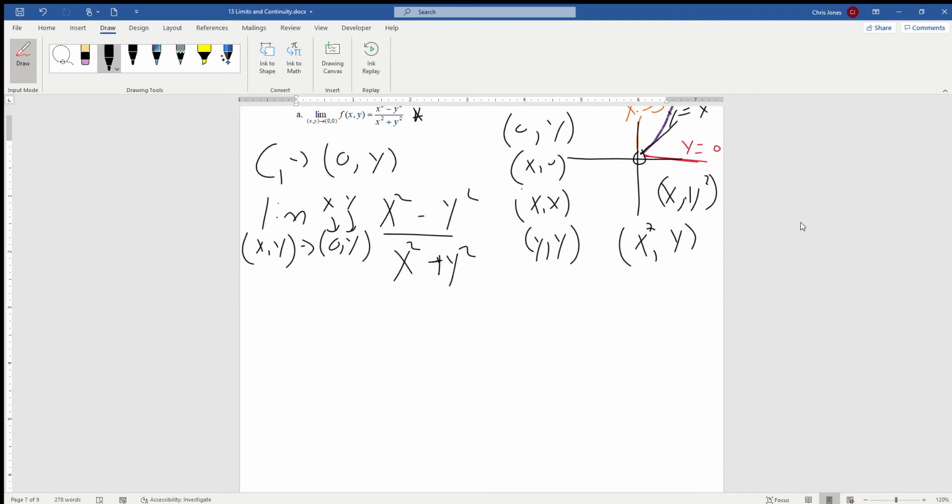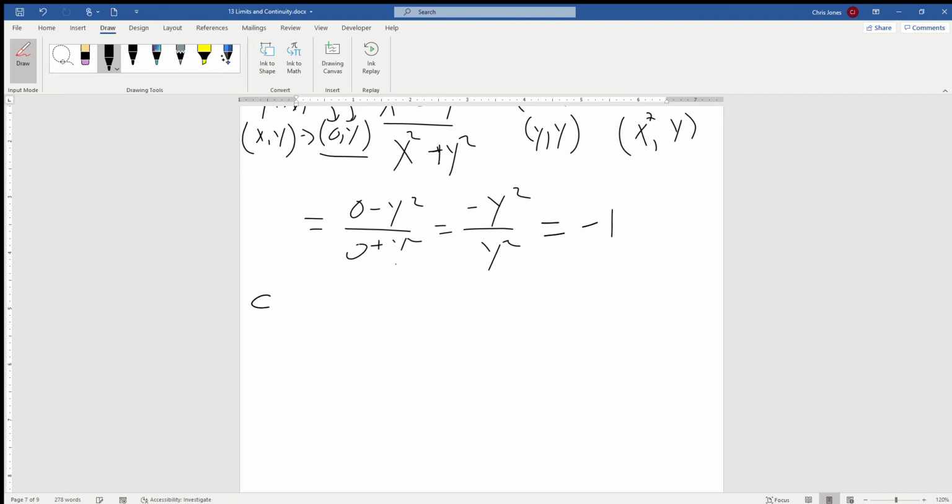That's 0 minus y squared divided by 0 plus y squared, or negative y squared over positive y squared, otherwise known as negative 1. So upon this path of (0, y), the limit is negative 1, and eventually that path hits the origin (0, 0).